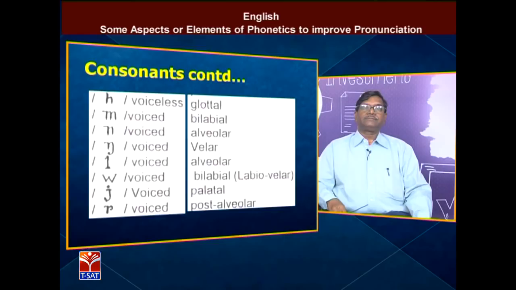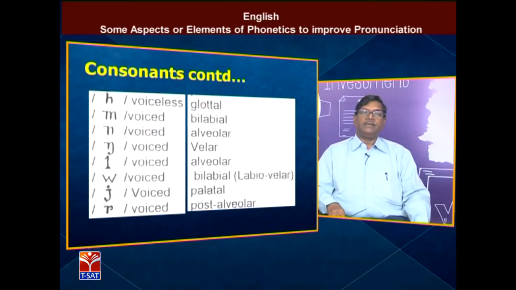And then Y sound, as in young, yes, that is the symbol J. Between two slanted lines we have that J, the symbol of the sound Y, as in yes, young, yonder, youth. Then R sound. All these sounds except H are voiced sounds.